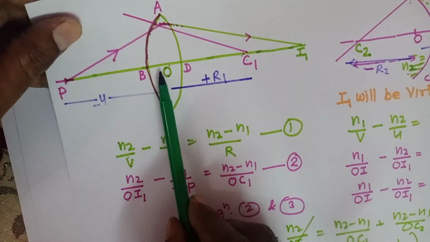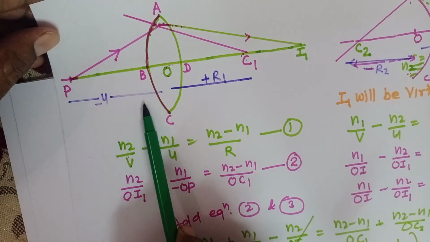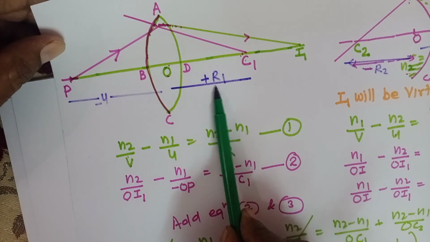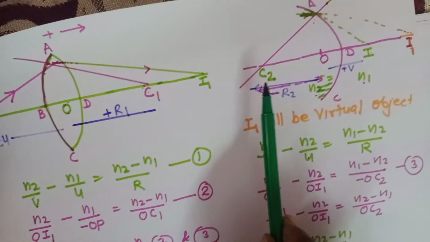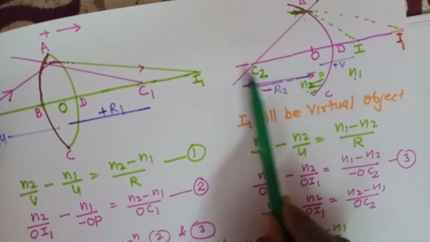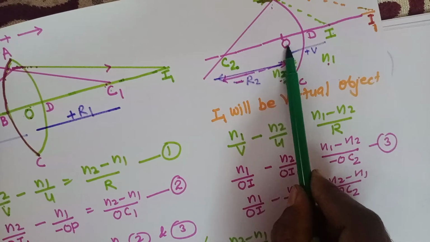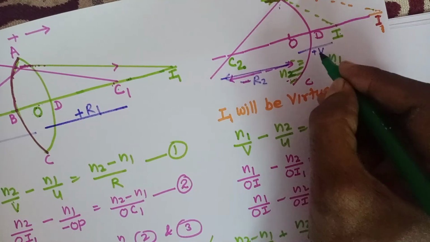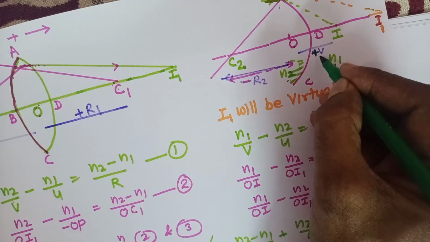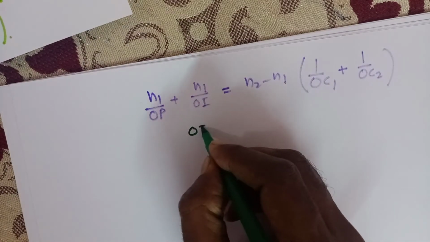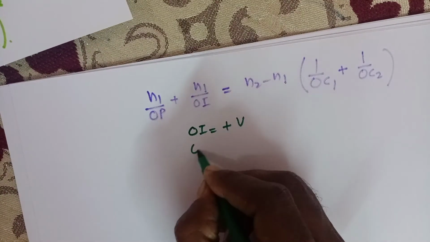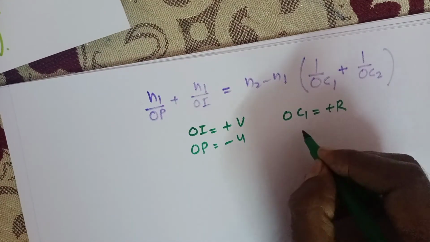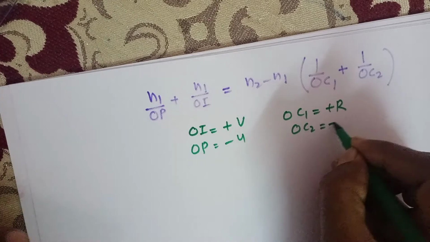Now you see, OP is minus U, OC1 is plus R, OC2 is on this side, and OI is plus V. So OI is equal to plus V, OP is minus U, OC1 is plus R1, OC2 is minus R2.